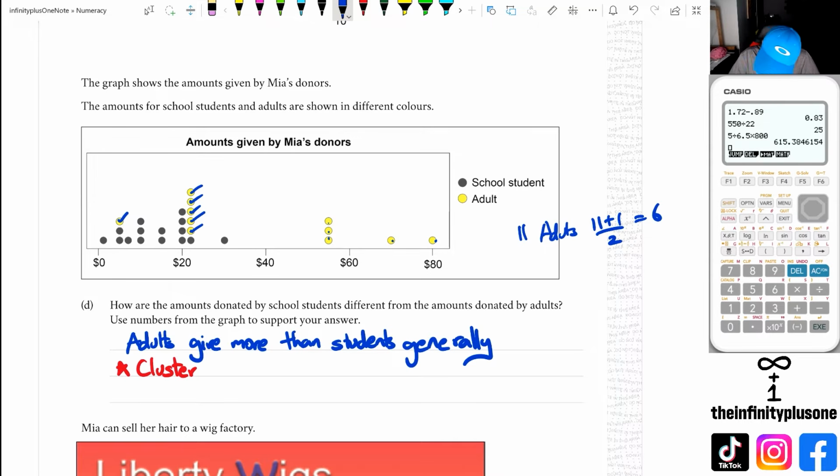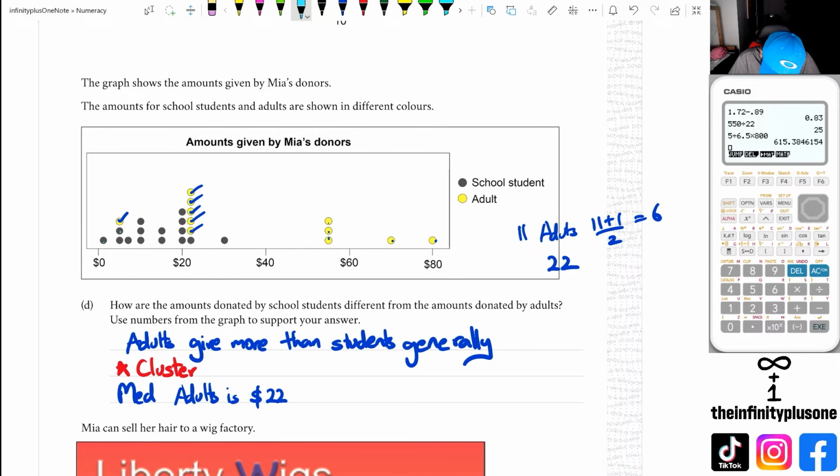So you can say roughly, I think this is going up in twos. 2, 4, 6, 8, 10. I could be completely wrong here, but I'm going to say that's definitely not $20. Maybe it'll be $22 for adults. So you can say median for adults is 22. Then we're going to look for the students.